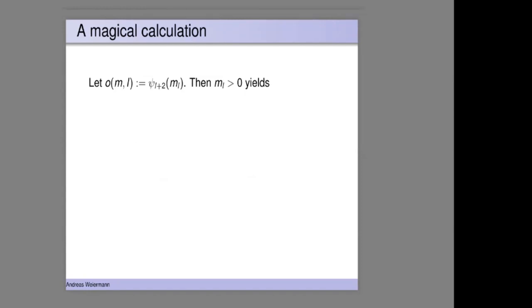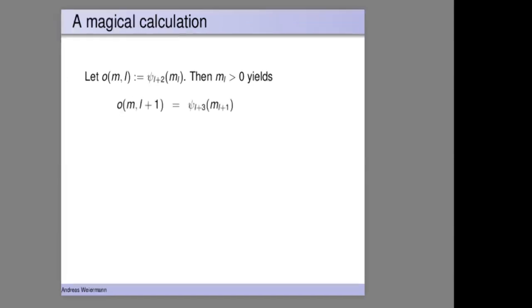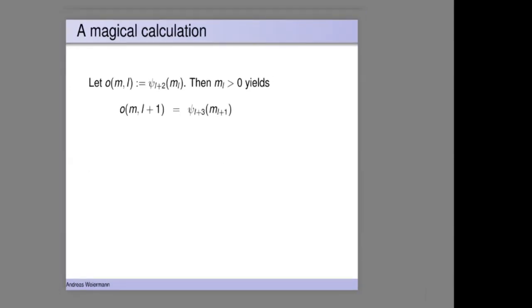Now, if ml is not yet 0, then we do a magical calculation. Namely, we study O of ml plus 1, which by definition is psi l plus 3 of ml plus 1. Now we plug in the definition of ml plus 1. So we get psi l plus 3 of: we take ml, replace base l plus 2 by l plus 3 and subtract 1.